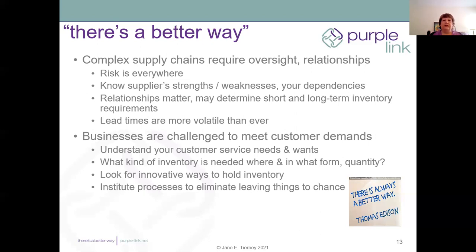Look for some innovative ways to hold inventory, like having your suppliers hold inventory, or having your suppliers buy long lead material to shorten your lead time from them, so that they're holding some inventory and you might have some liability, but it's not like buying the whole part, or having everything available more quickly.